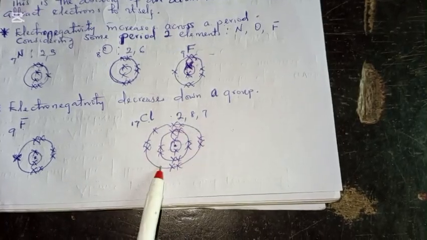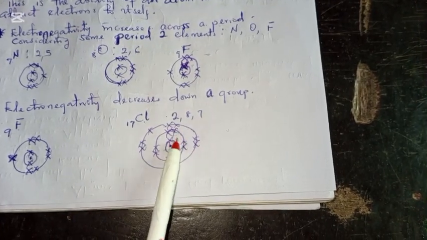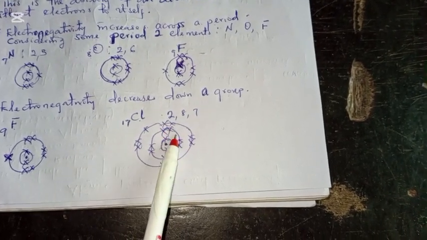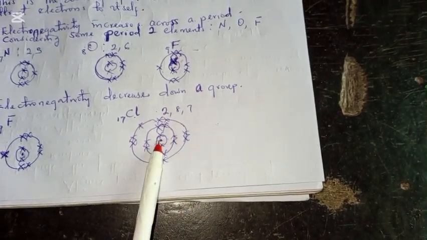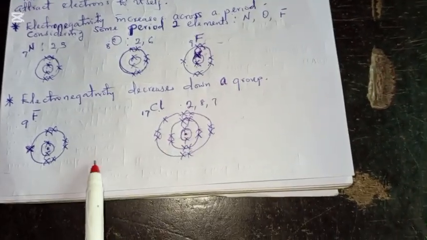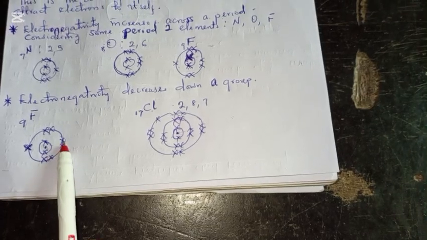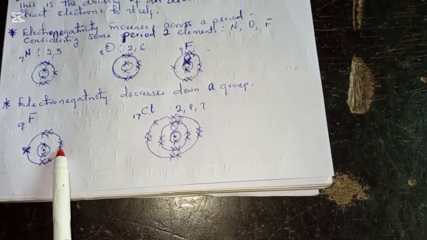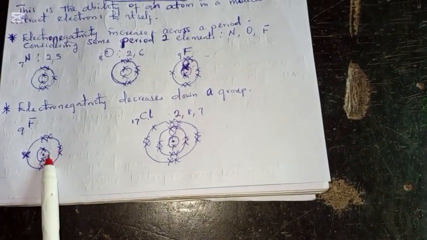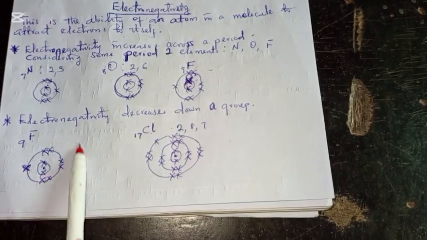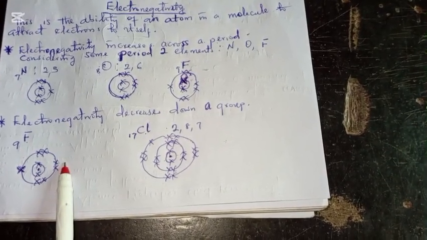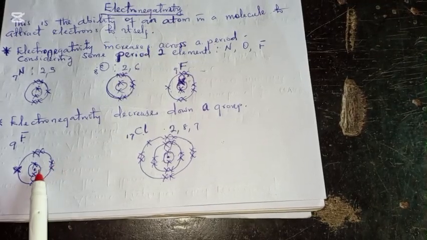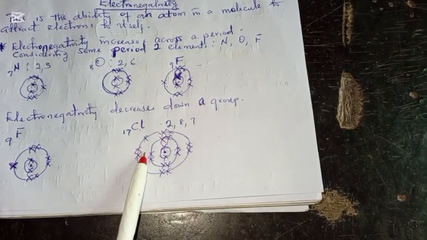These 3 shells show that the electrons of chlorine are further away from the protons in the nucleus. On that note, since fluorine's electrons are closer to the protons, the protons tend to drag them to itself. On that note, fluorine has more ability to attract electrons to itself compared to what? To chlorine.